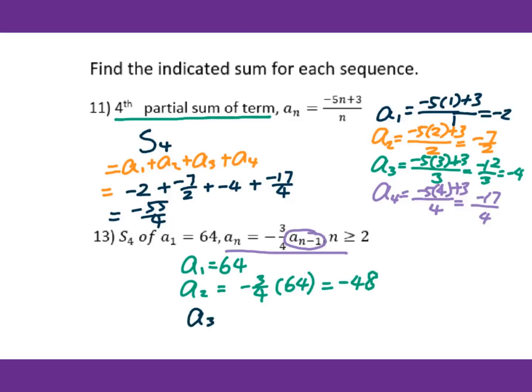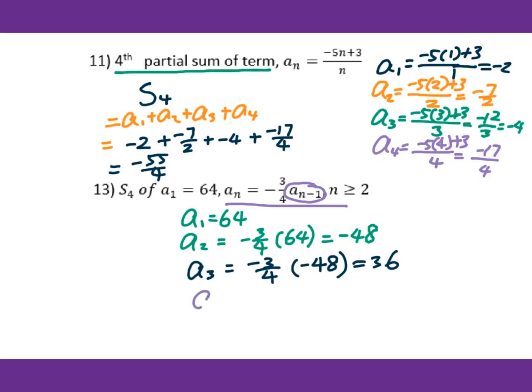A sub 3 equals negative 3 over 4 times negative 48. You will get positive 36. Then a sub 4 equals negative 3 over 4 times 36. You will get negative 27.